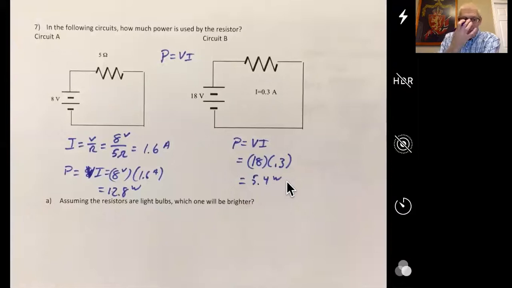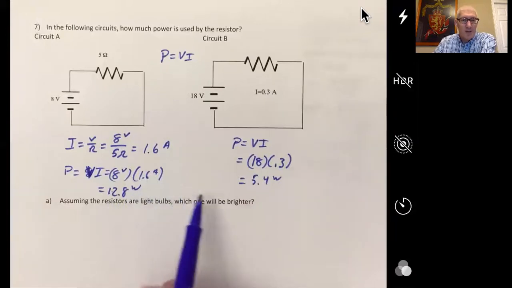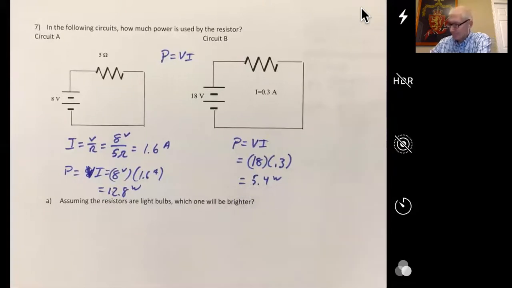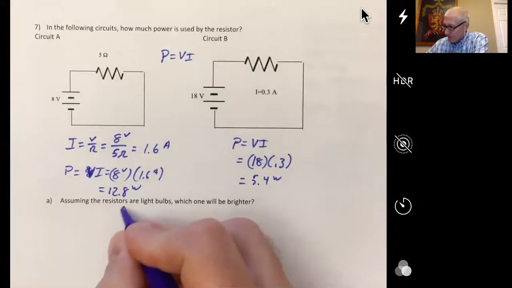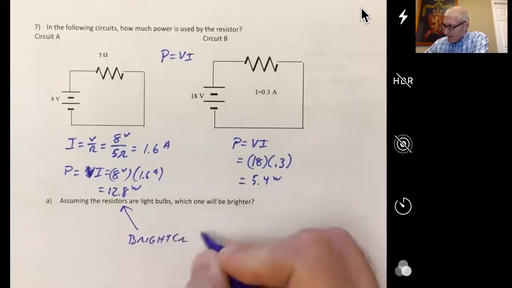All right, and it says, assuming that the resistors are light bulbs, which one would be brighter? Well, which one's using more energy per second? This one's using 12.8 joules per second because that's what a watt is. This one is using 5.4 joules per second. That's what a watt is. So clearly, this one is going to be brighter than this one.